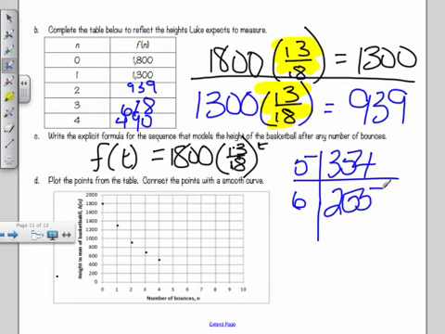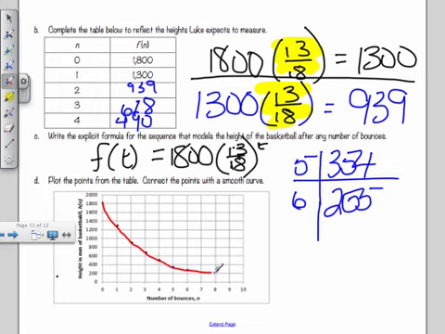So I'm going to put a dot right at 354, and then another dot at 255. If you notice, it definitely appears to have an exponential decay pattern as you graph this all out.